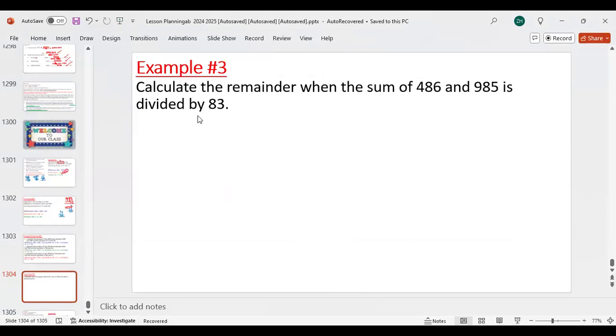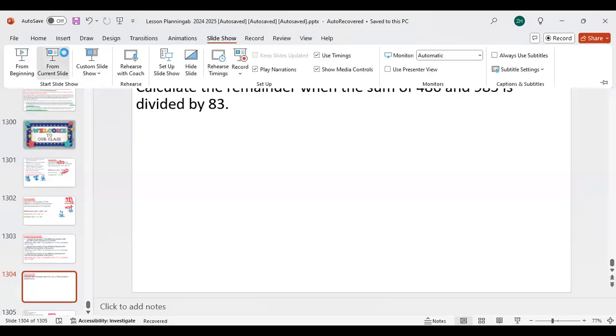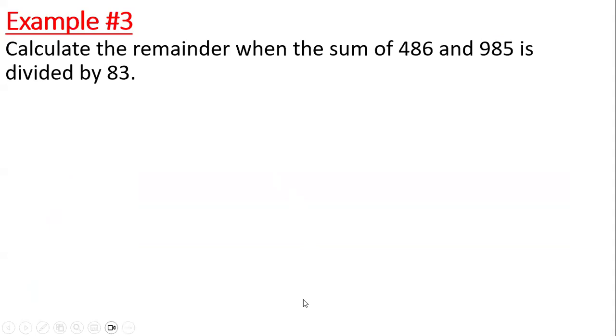All right, so what's the first thing we're going to do? We're going to add the 486 plus 985. Okay, and then after that, do what? Divide the answer by 83.